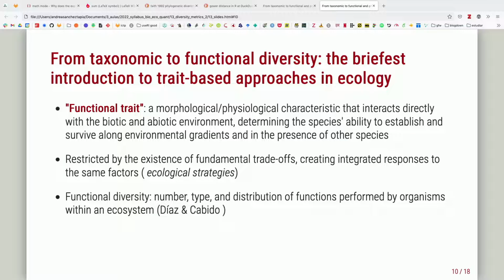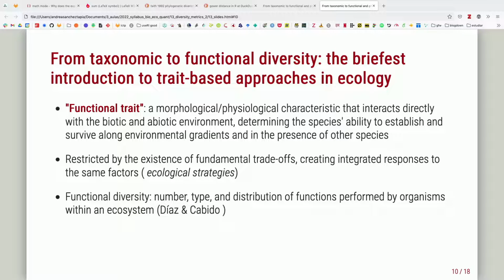We have to go through the phenotypical characteristics that allow species to belong to the environment, to thrive in it, to replicate in it. So what we measure when we measure functional diversity are functional traits of the species.